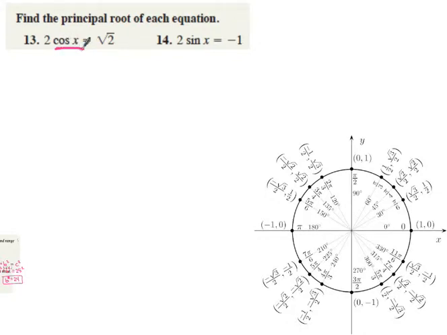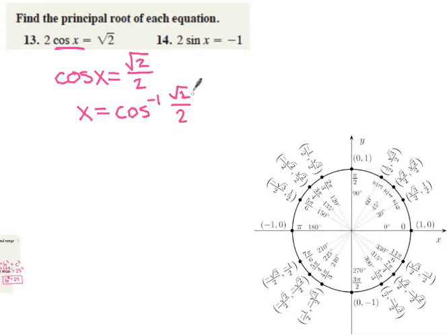So in this case, cosine x. To do that, I need to undo this multiplication. So we're going to end up with cosine of 2x is going to equal our radical 2 all over 2. And then to undo cosine, like we've talked about, we want to take the inverse of it. So x is going to equal the cosine inverse of radical 2 over 2.